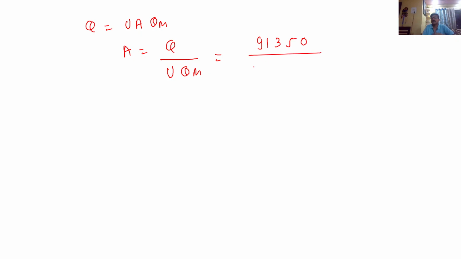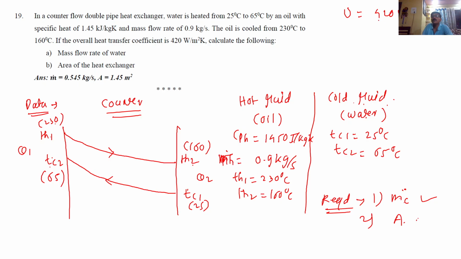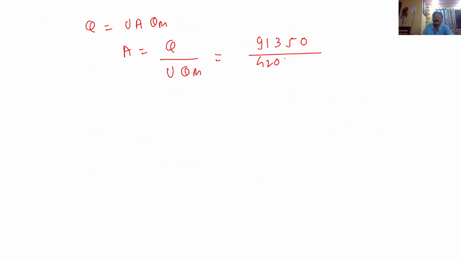Q is equal to UA theta M. So to know area, I require Q, I require U, I require theta M. The answer of Q is already with me. That Q is 91350. The value of U is given, 420. Only theta M is remaining. So to get theta M, I require theta 1 and theta 2.